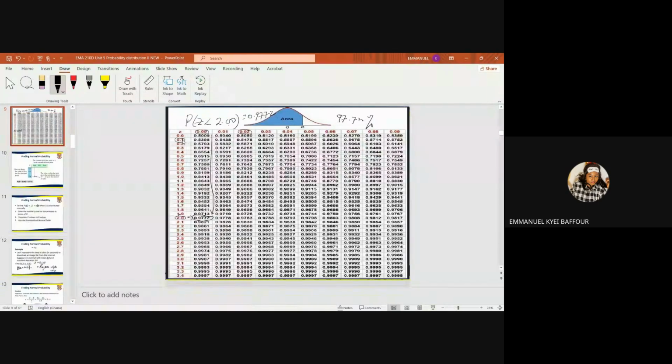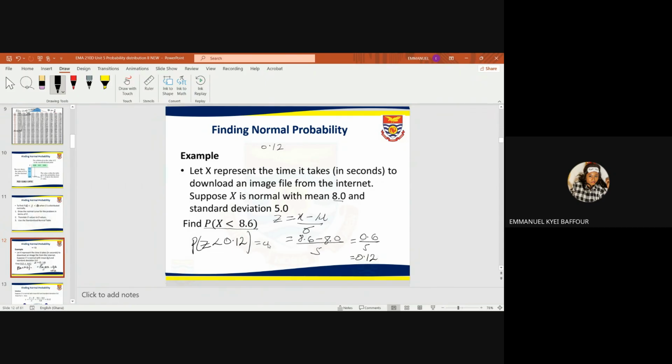So you have 0.12, so it's going to be from here. Yes. So we are going to get this as the probability 0.5478. So we have 0.5478 as the probability. So it means that it is about 54.78%.